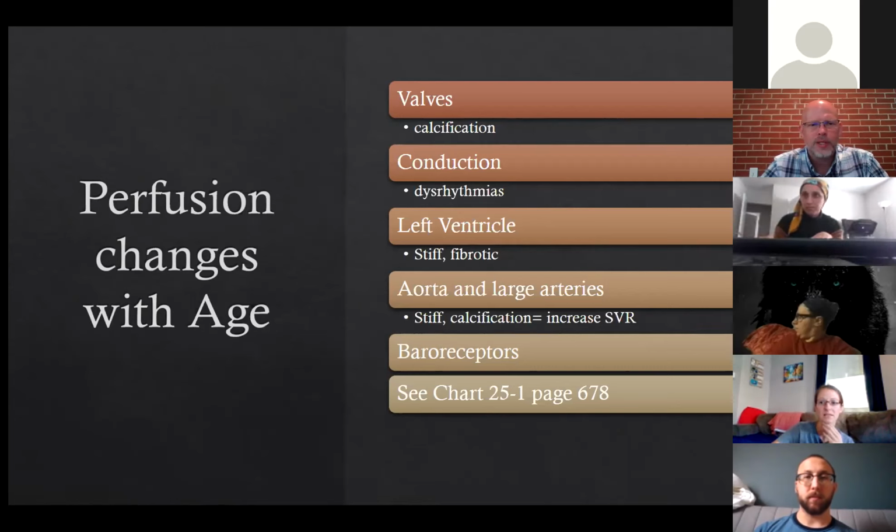We need our heart to squeeze, but we also need it to relax so it can do what? What's it got to be full of? Blood. Good. We want it to fill. So as you know, balloons over time start to get overstretched and stiff sometimes. So think about your heart when it's 80 versus 20. Not only will it not squeeze as well, but it won't relax enough to allow enough blood to get in there. So that can reduce cardiac output.